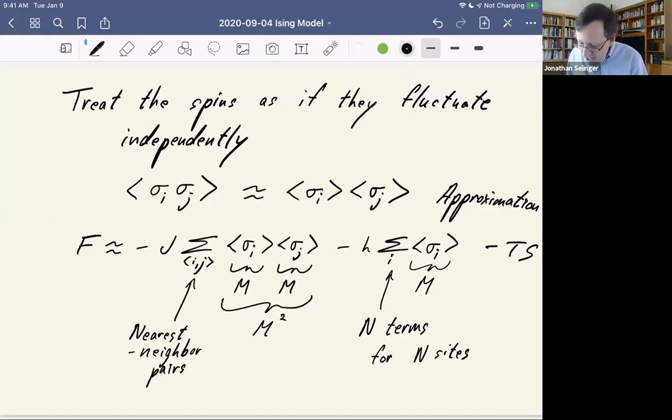So that means if we have a lattice, like, here's a bunch of sites in a lattice, and now I want all the pairs, like this pair, this pair, this pair. And so let's see, how can I count how many pairs there are? Well, for one thing, I could say there are N sites.